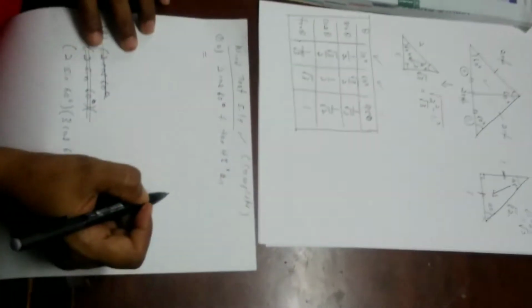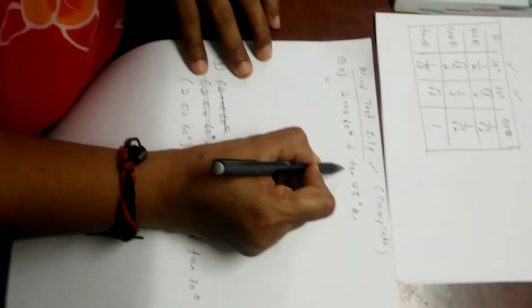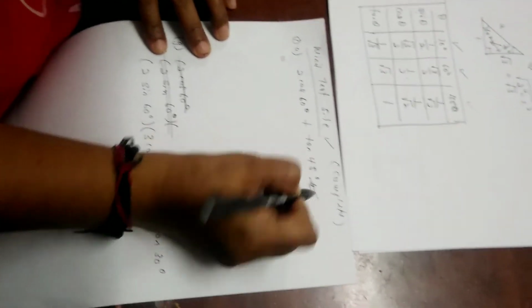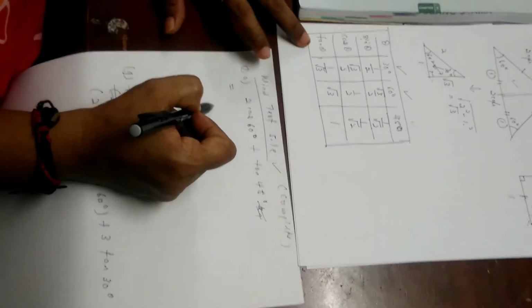Now let's say you have got this question to do. This is from Mind Test 5.1e. Later, please complete this. So we take the first question. Let's say the question says, without the use of calculator, calculate 2 cos 60 plus tangent 45. Now we're going to refer to our table here.